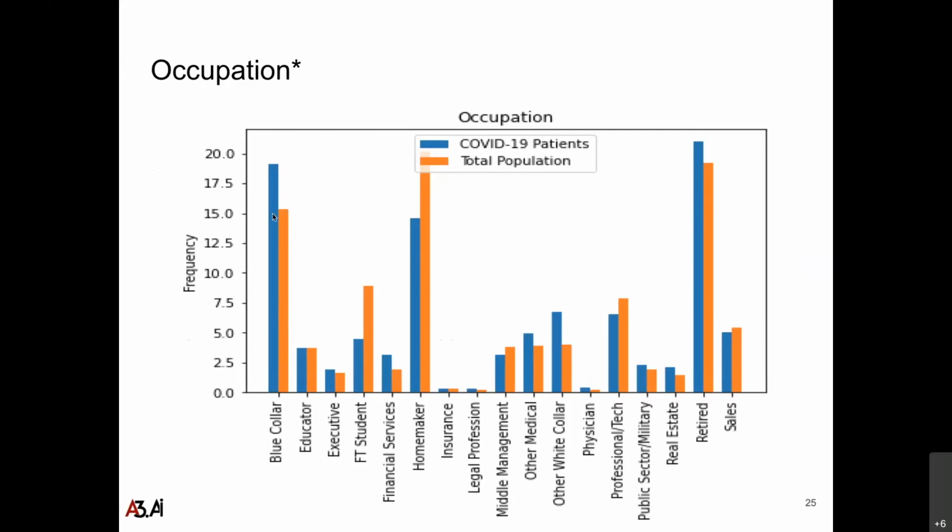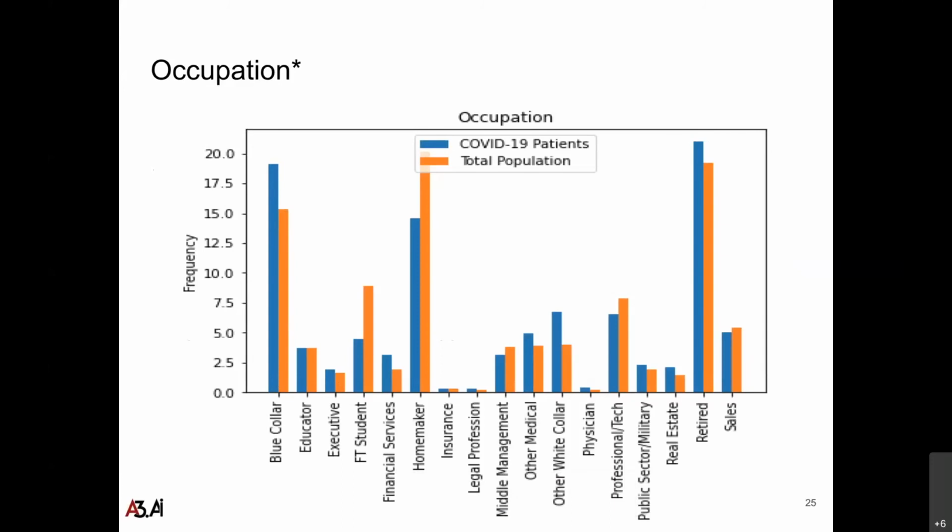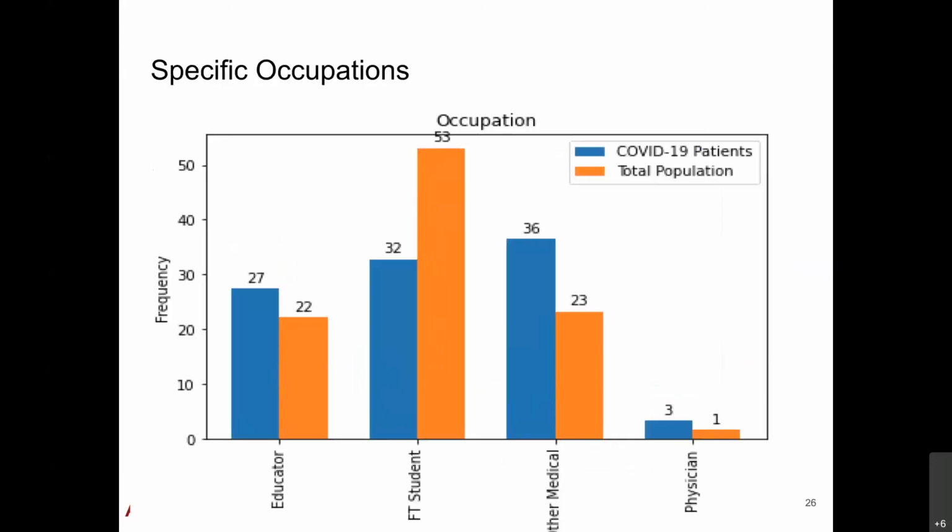The bigger bar here is the blue. The relative difference between the blue bar and the orange bar is the higher likelihood of somebody getting a higher exposure, in this case based on occupation. Interestingly, this data is about 1 week old, and schools are still closed and everything.